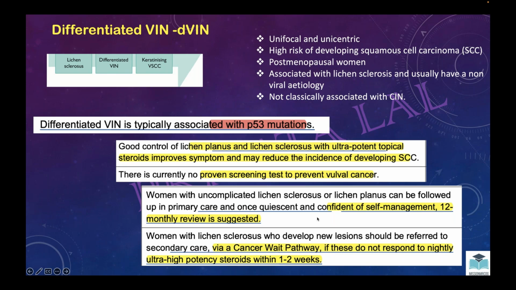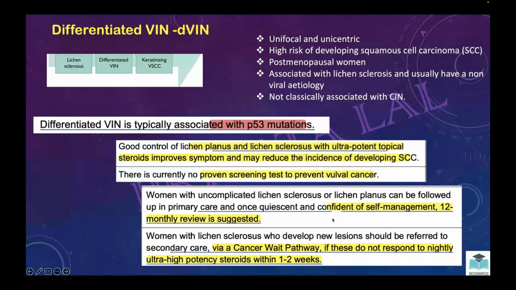Apart from this, when these conditions like vulval dermatosis, lichen sclerosus, and lichen planus are uncomplicated, then the follow-up is done in primary care, and if disease is under control, then yearly follow-up is done.